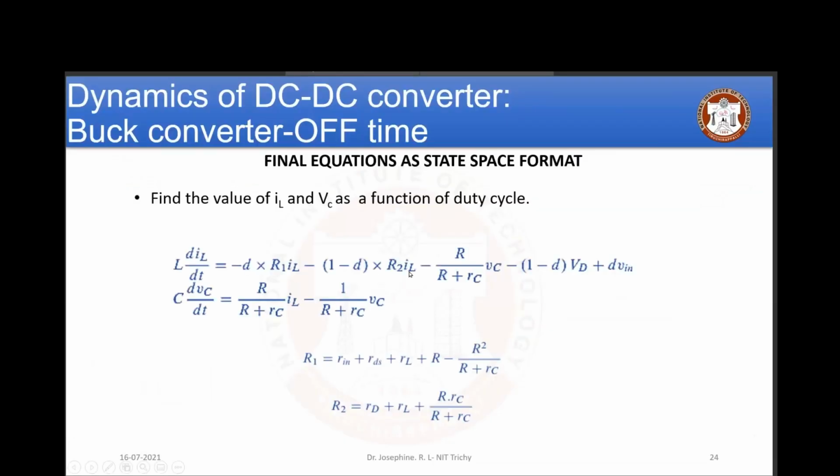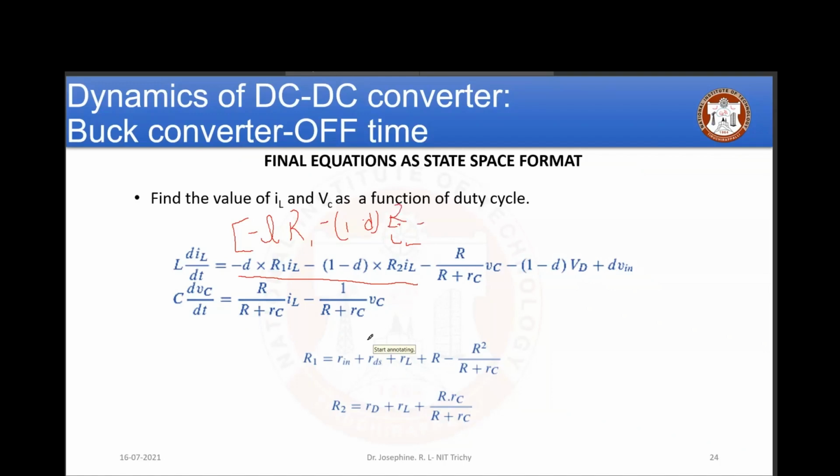If you take IL common from both of these, you'll get minus d R1 minus 1 minus d into R2.